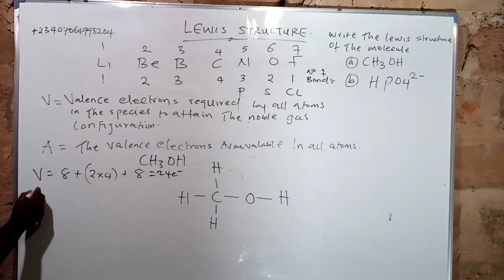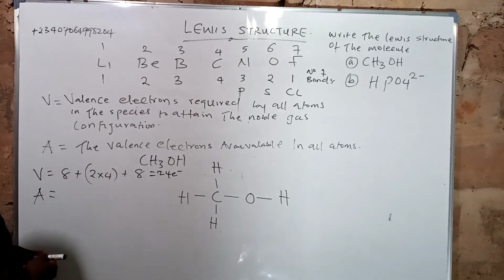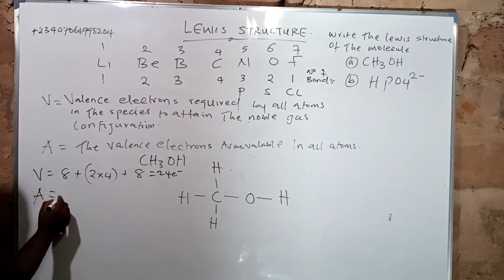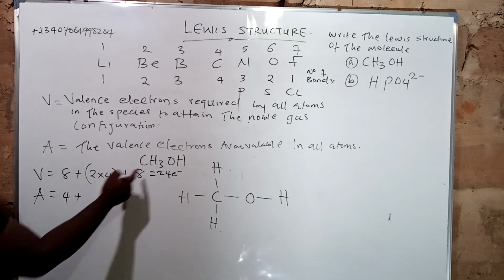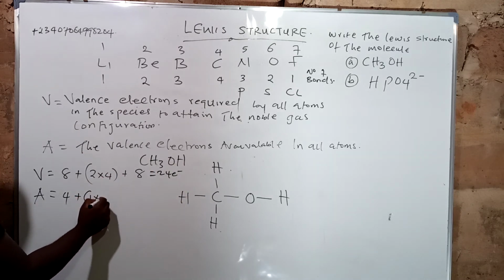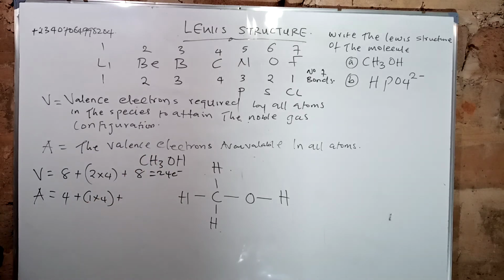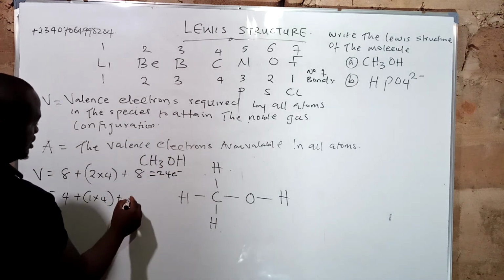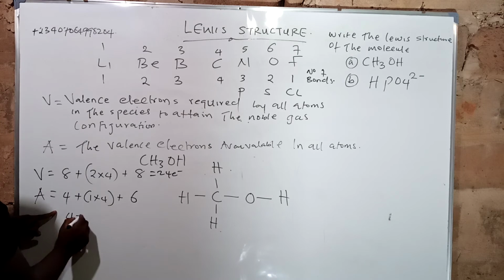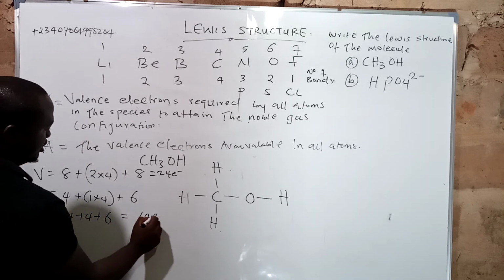Then the next thing is for you to get your A, the available ones. From here, carbon has 4 valence electrons available, plus hydrogen has 1, and we have 4, so 1 times 4, plus oxygen. How many valence electrons does oxygen have? Oxygen has 6, and we only have 1 oxygen. So this is 4 plus 4 plus 6, which gives you 14 electrons.